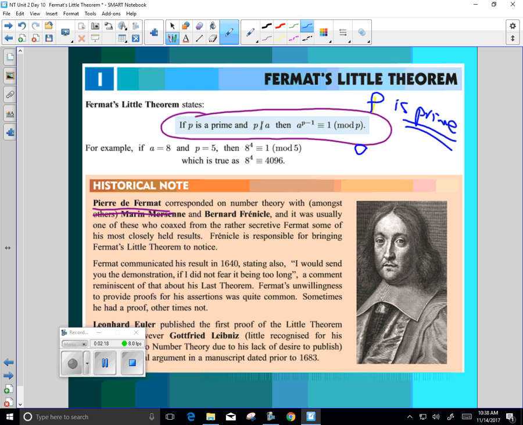And P does not divide A. Those two things are key to making this thing work. You've got to have those two. P is prime, P does not divide A, but you've got to have those two.